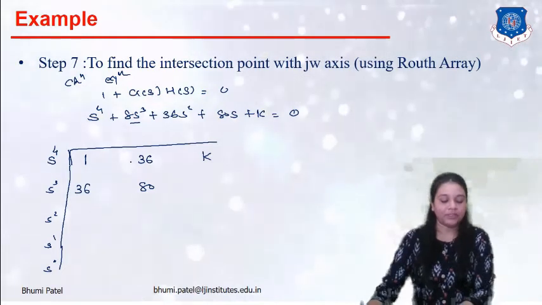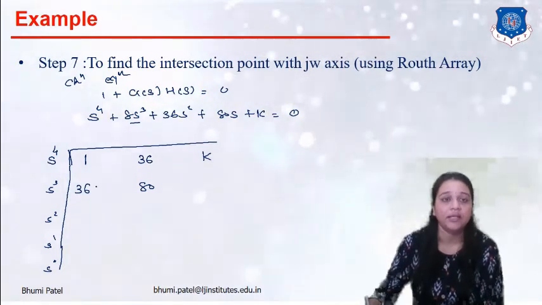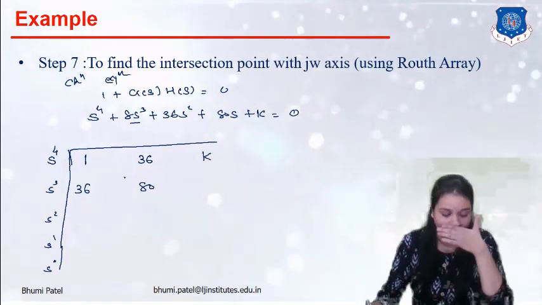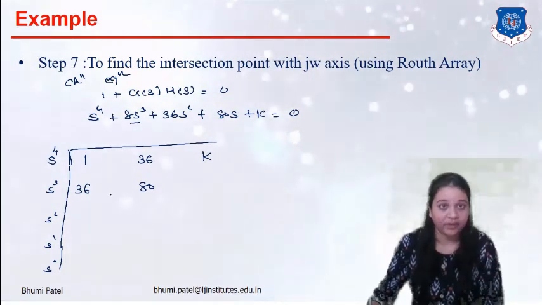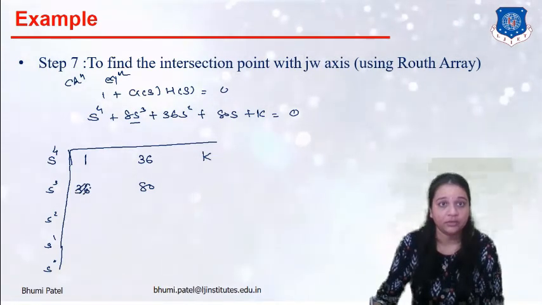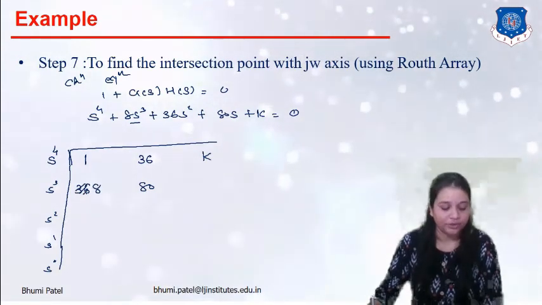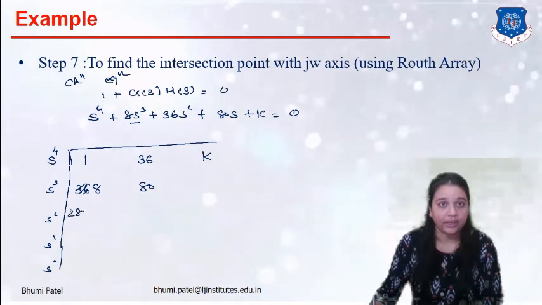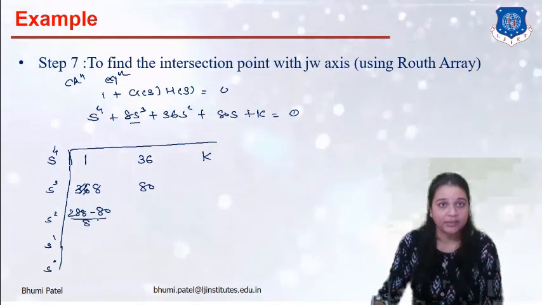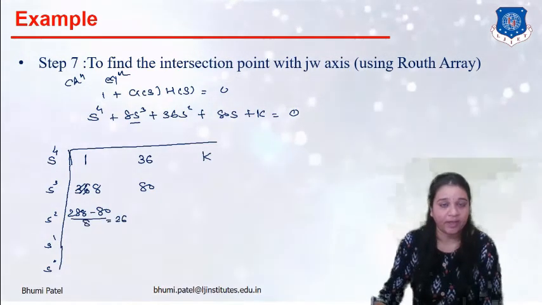Now we have to cross multiply this and divide by 8. So we can get 288 minus 80 divided by 8, and simplify this we can get 26.